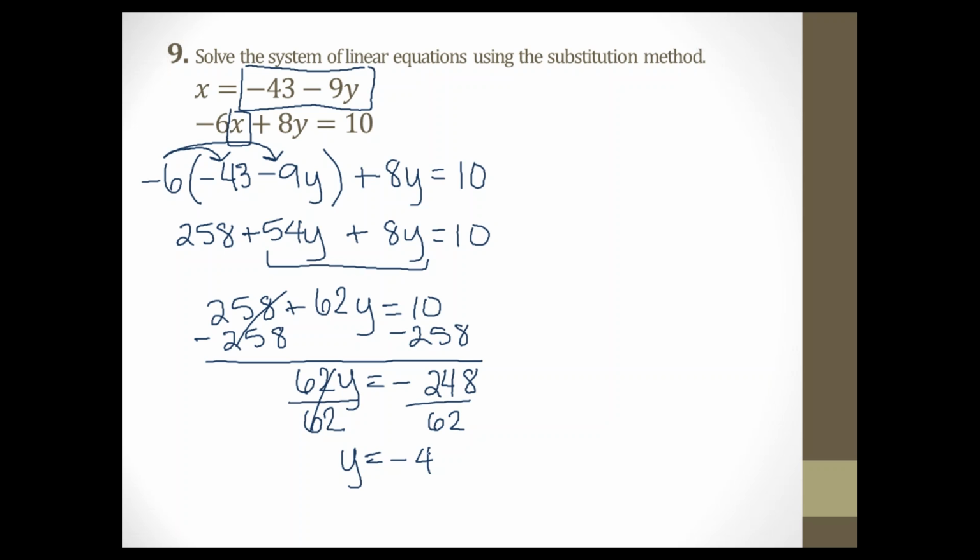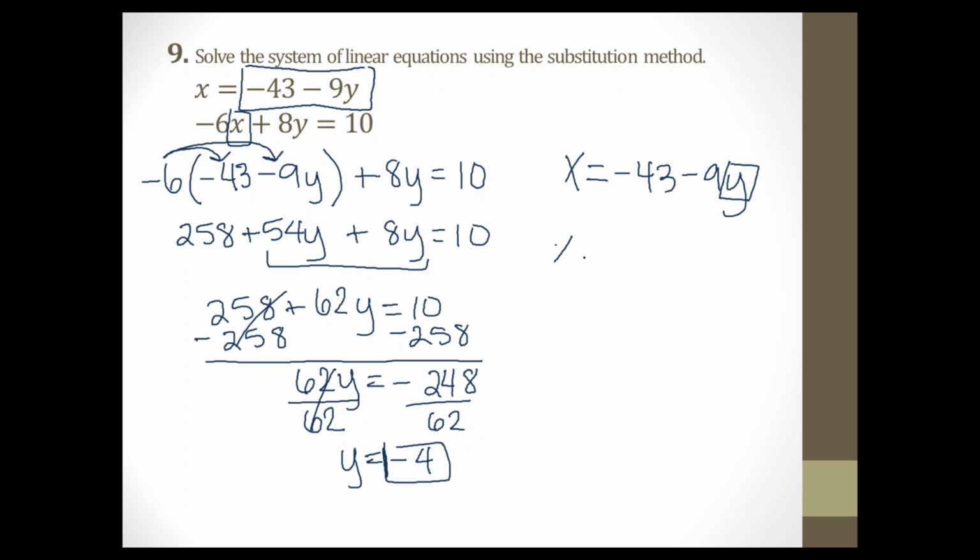So now I'm going to take that y equals negative 4 and plug it into one of my equations. I'm going to use the first equation because it's already set up to tell me what x equals. So we had x equals negative 43 minus 9y. So I'm going to substitute negative 4 in for y.